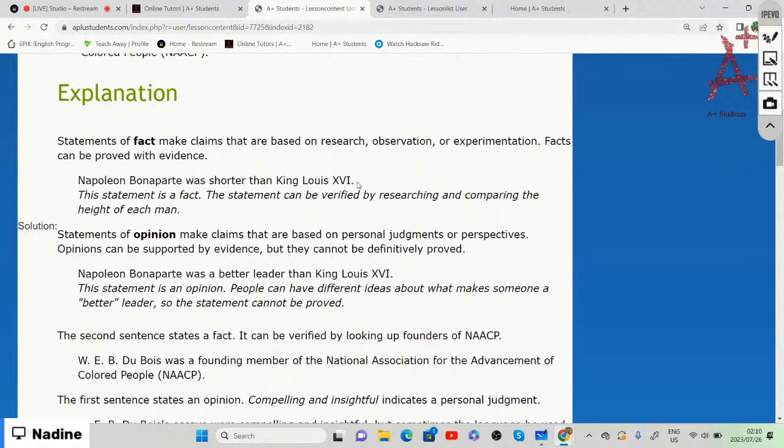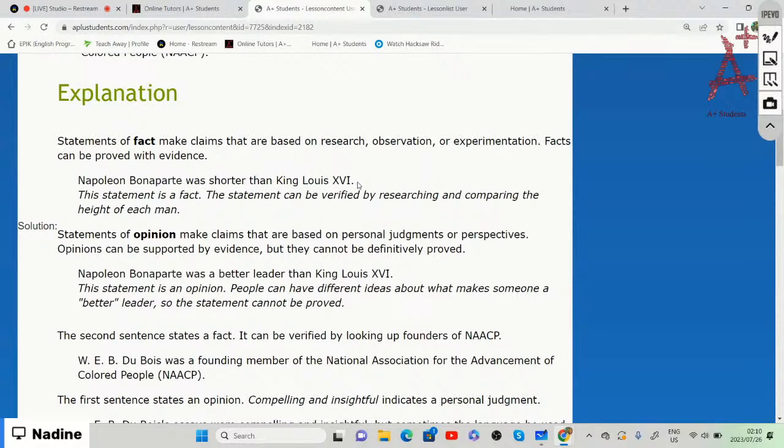And the statements that you research can be verified. Once again, it is verified by researching, and by comparing the height of each man. So that is facts.